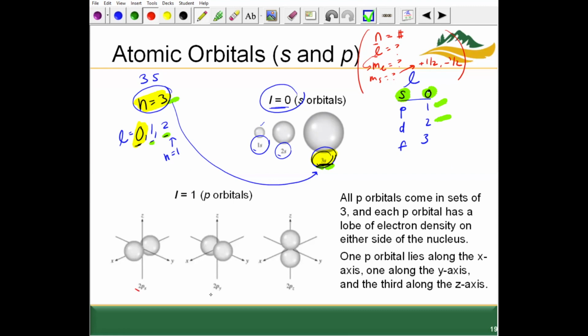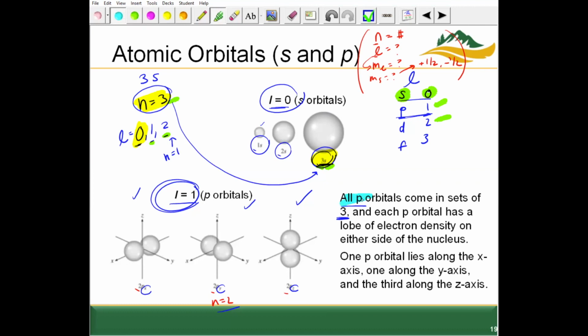Here now we have n equal to 2, from that 2 out front. Now we have p orbitals. From this graph, when p is here, this is an L equal to 1. All p orbitals come in sets of 3. We can have a 2px orbital, a 2py orbital, and a 2pz orbital, all under the umbrella of n equal to 2 and L equal to 1 for this specific drawing.